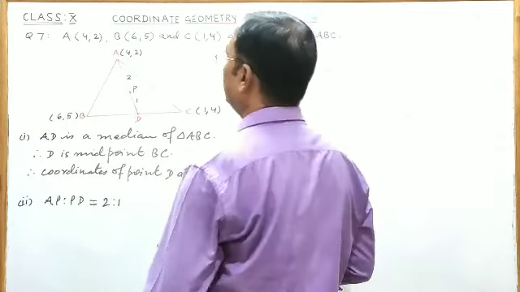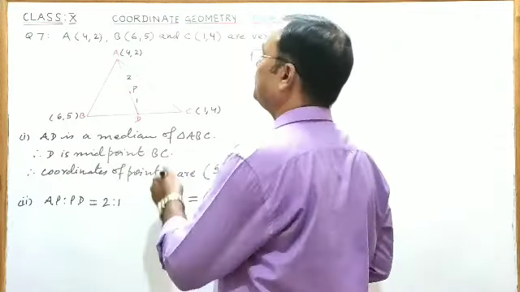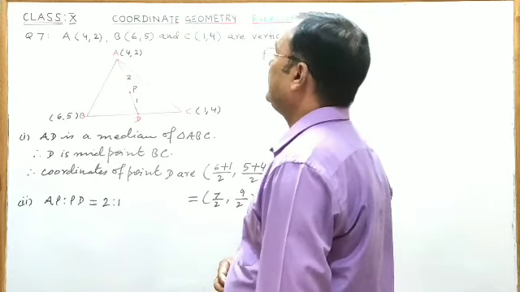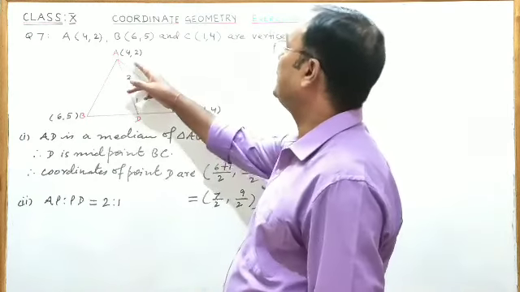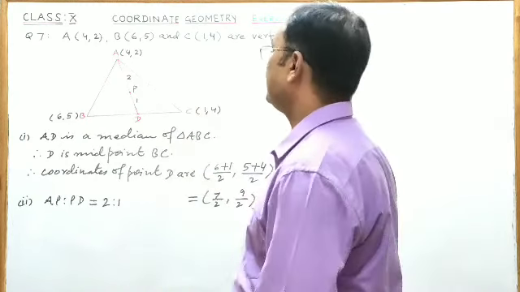So here we are going to use section formula to find coordinates of this point P which divides AD, a line segment joining two points A and D, in the ratio of 2:1. Coordinates of point D are 7 by 2 and 9 by 2.